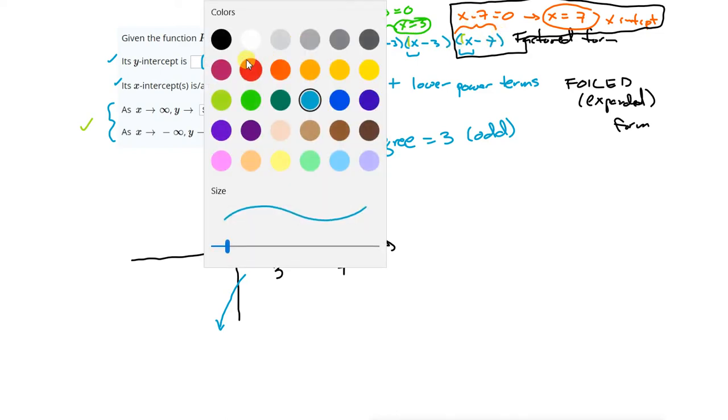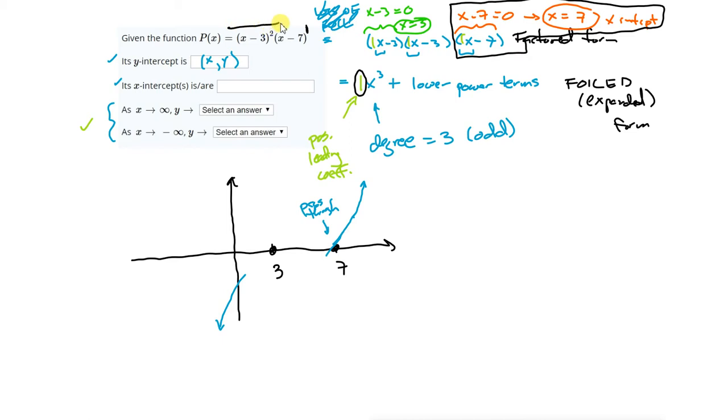I have two occurrences of the x minus 3, so that's a degree 2 factor. That factor gave me the x equals 3 x-intercept, right? The x equals 3 x-intercept came from the x minus 3 factor, but there's two of them. When you have an even degree, and the degree or number of occurrences of a factor is called the multiplicity, so I have an even multiplicity of this factor.